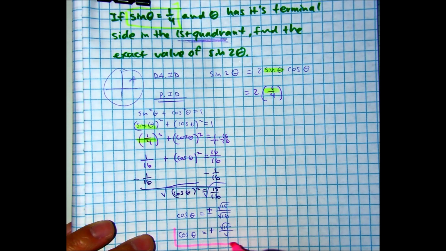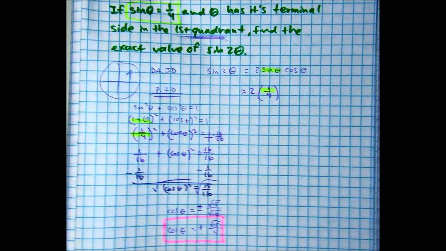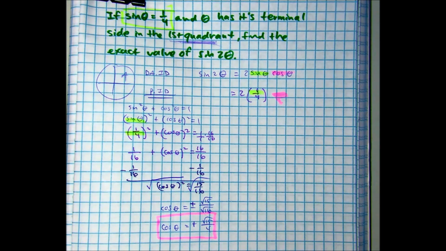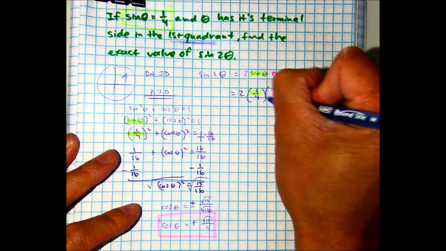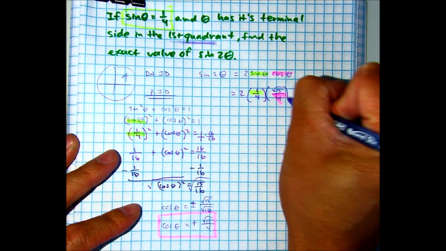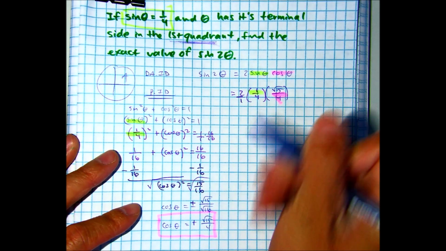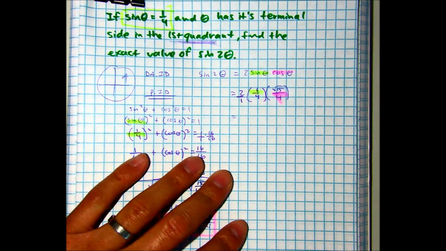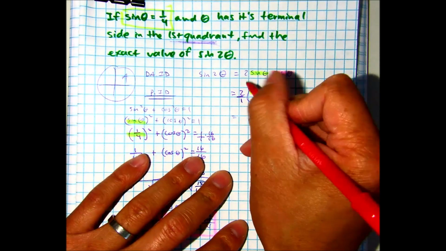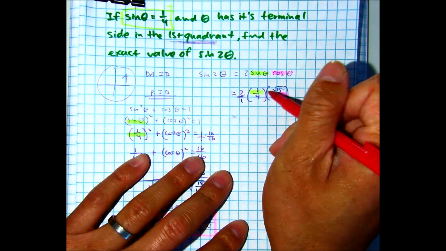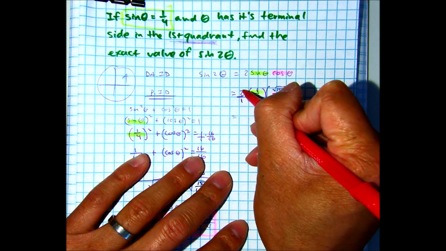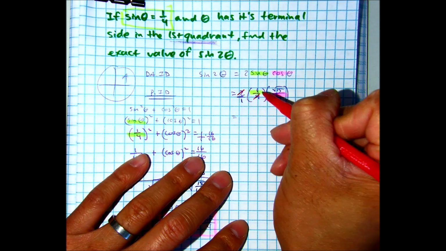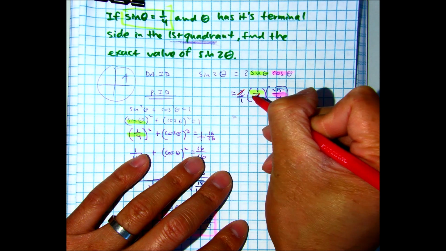So now all I do is just take this number and just substitute it back in here. So now I have radical 15 over 4. This 2, I can make a fraction by putting it over 1. Class, multiply the numerators. Actually, you know what? Let's cross cancel. If you haven't seen this before, I'll show you why it works. So if I cross off this 2, and I cross off this 2, what number am I going to write? 1. 2.